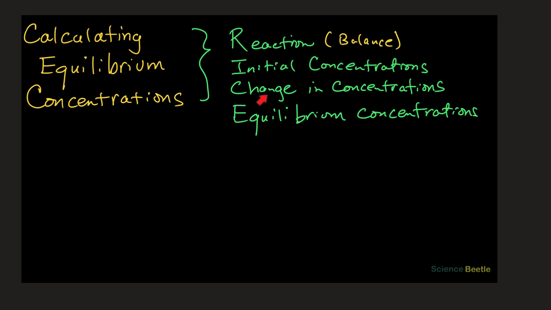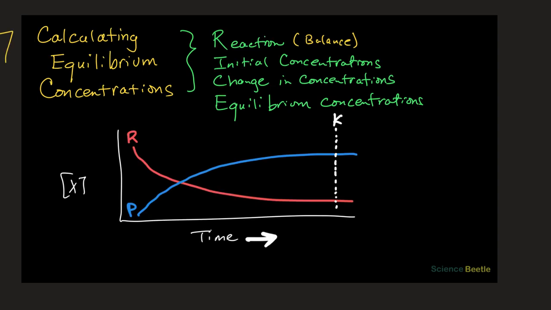The C stands for change in concentrations, and typically, remember here, if you have a reaction, let me put the little drawing that I had here before on the screen and explain. If we have this kind of description here for the reaction, what we're looking for is the concentration over here at K. And so that means that we're going to have to come up with an expression. But remember that for the change in the concentrations, notice the reactants, it's a decrease over time.